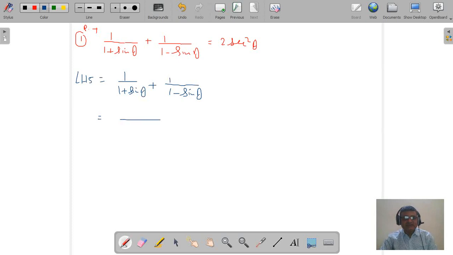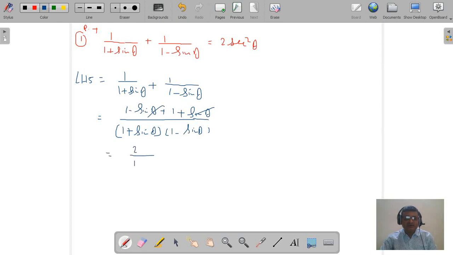So we are taking the LCM. 1 plus sine theta into 1 minus sine theta, and in the numerator it is 1 minus sine theta plus 1 plus sine theta. So sine theta gets cancelled.